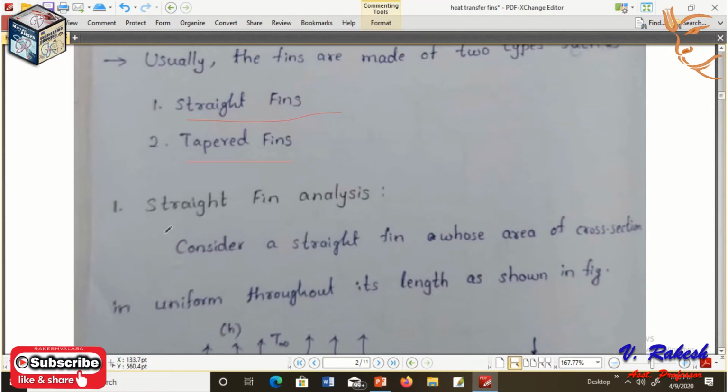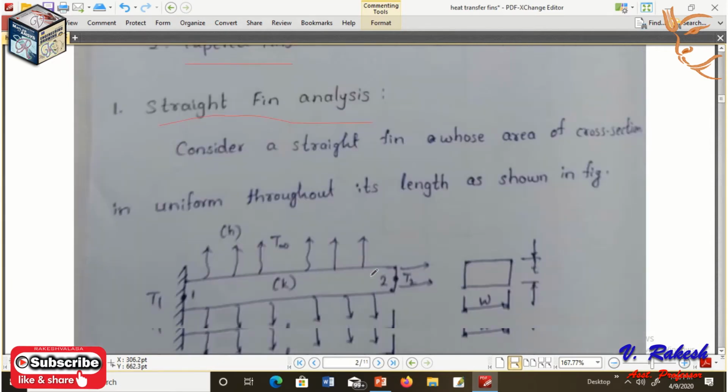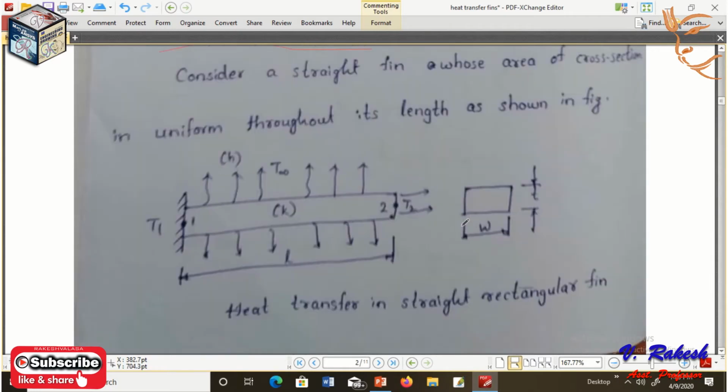Let us discuss straight fin analysis. Consider a straight fin whose area of cross section is uniform throughout its length as shown in the figure. The figure shows heat transfer in a straight rectangular fin.